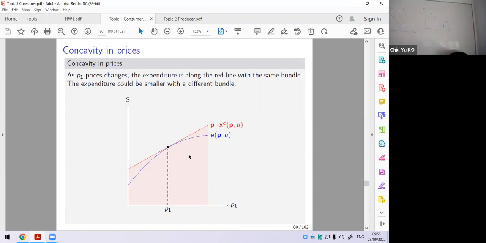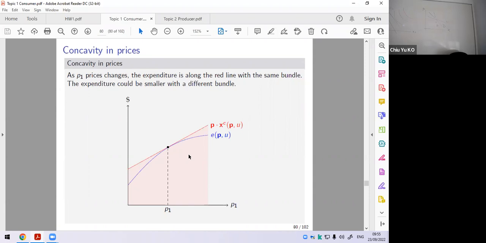Say at this utility, you're consuming 1 apple, and 1 apple may cost $1. If the price goes down, you can still consume the same; your spending just reduces linearly if you don't change your bundle.